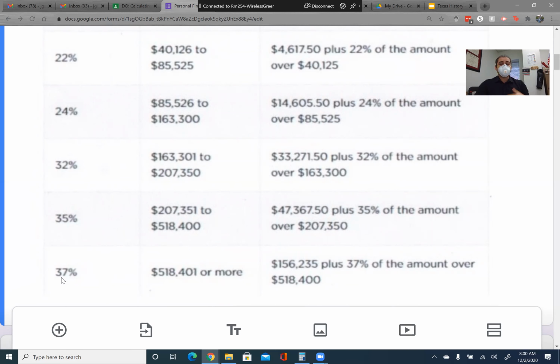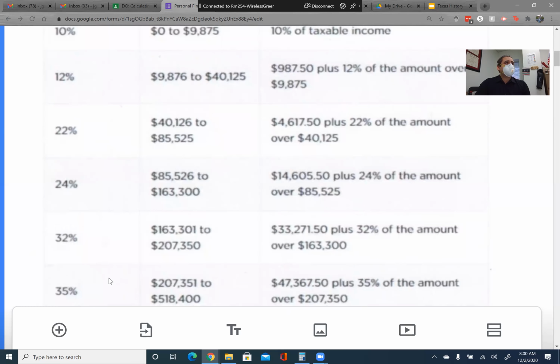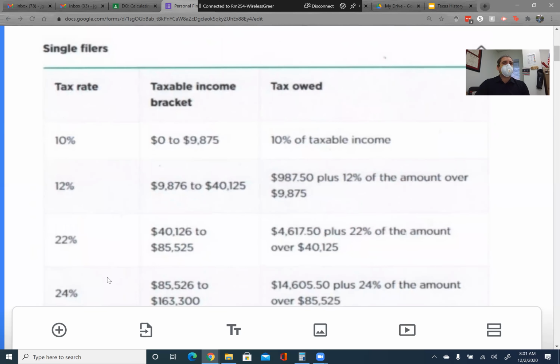They put 37% for every single one of those questions asking the top marginal rate. You can't do that. I give you the individual's income for a reason, because in the US we have a progressive tax system. So the more money you make, the higher your top marginal income bracket will be.